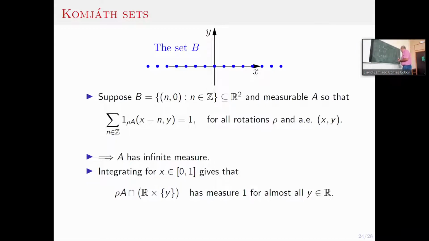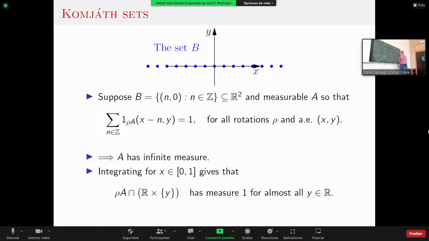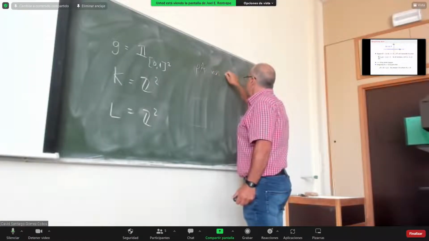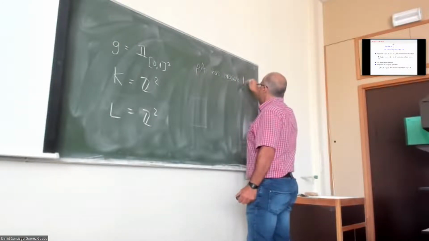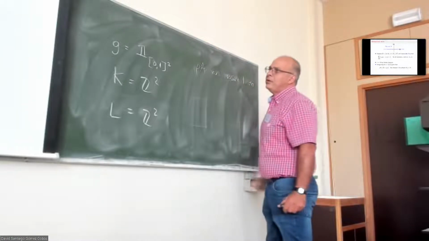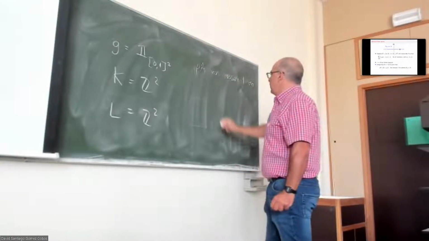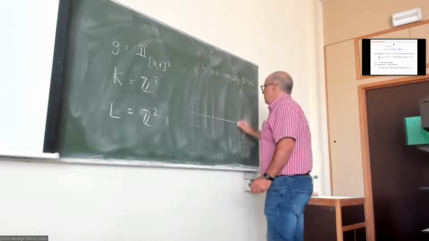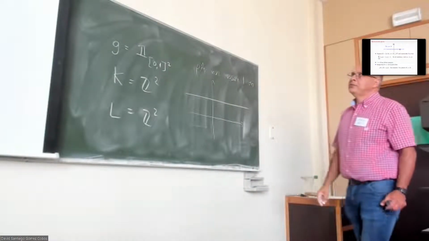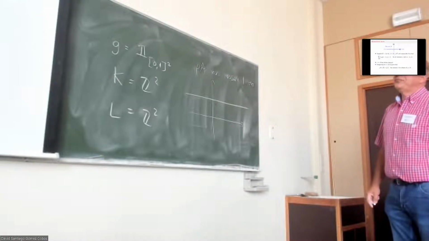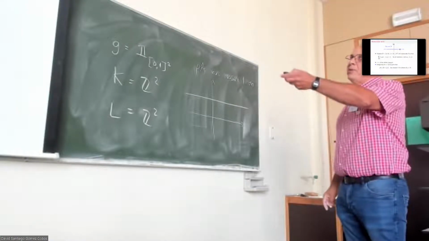So what did we prove here? That rho A has measure 1, one-dimensional measure, actually on every horizontal line, because nothing is special about y equals 0.